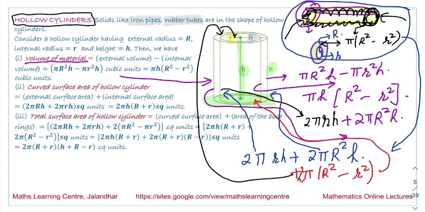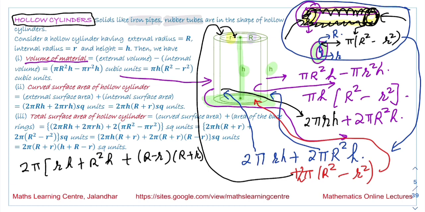So when we solve this, suppose we take 2 pi common, we are left with r h plus R h plus (R minus r) into (R plus r).